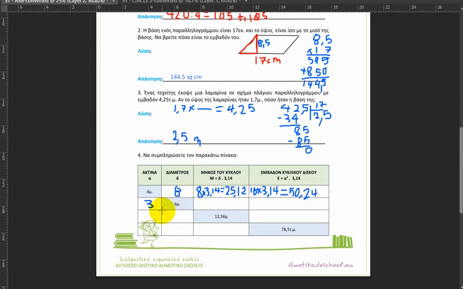Next up here, we want to do 6 times 3.14. We actually just did that. But it doesn't matter. Let's do it again.